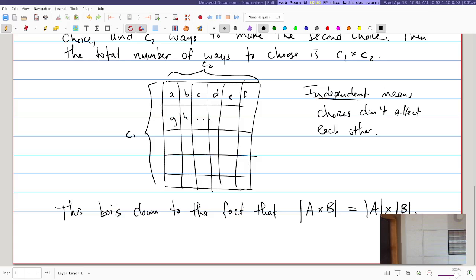Well, think about my choices C1 as the set A, and my choices C2 as the set B. Then choosing one of these things corresponds to choosing one of the things from my set A and choosing one of the things from my set B, and that gives me a pair of them. And this is saying, what's the total number of independent choices you can make from A and from B? Well, it's just the product of their sizes. Kind of the same idea, but in a different format.